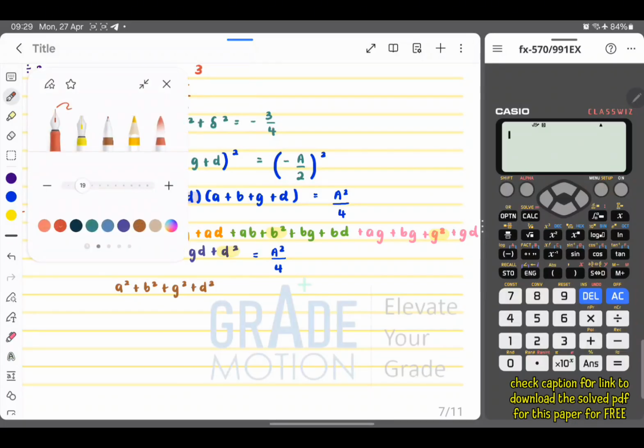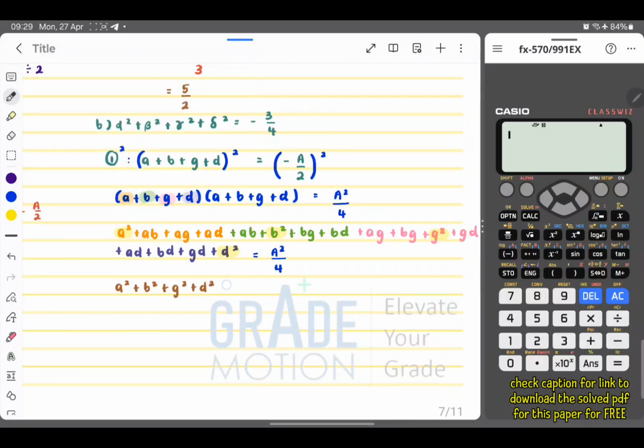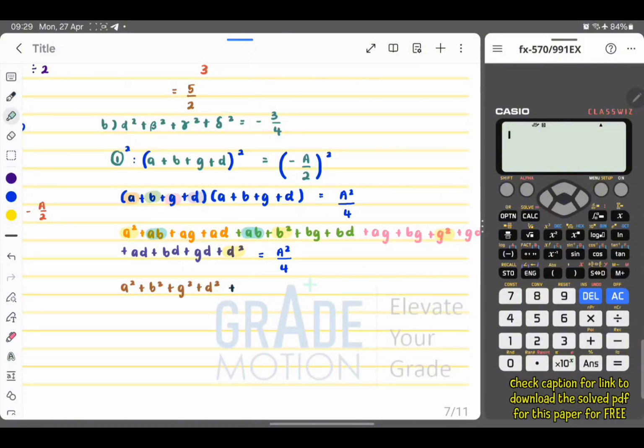Next, I have AB and AB here, so plus 2AB. Plus AG and AG, so plus 2AG.